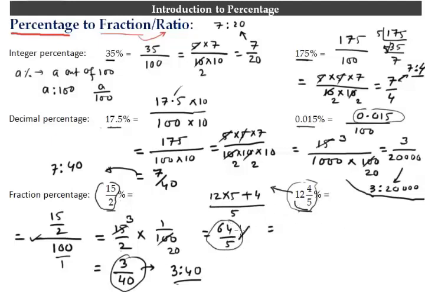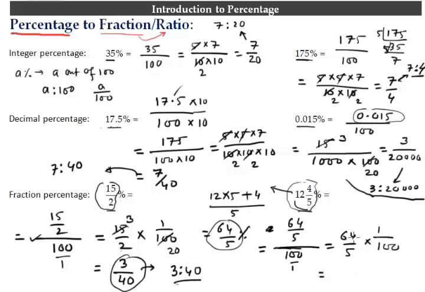This percentage means 64 over 5 percent. So now if we convert it into a fraction, it will be 64 division 5 division 100. So similar to the previous one, if we consider the denominator 1 and convert this division into multiplication, we will get 64 division 5 times 1 division 100.